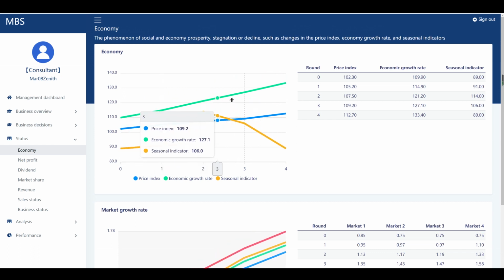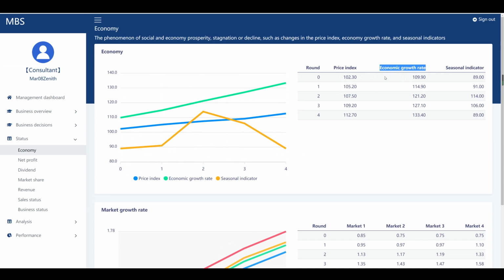And the economy function inside the status will have the graph to show you the changes of different seasons. As you see, the price index, the economic growth rate, and the seasonal indicators are there to show you the differences. And these differences are among the different seasons or quarters.